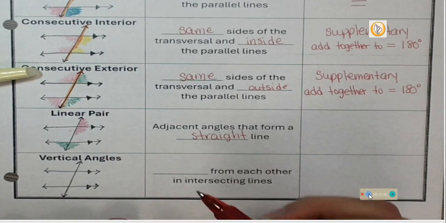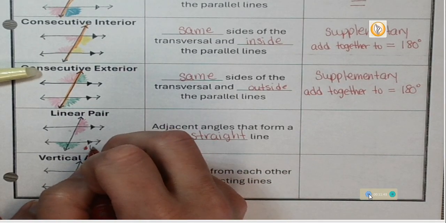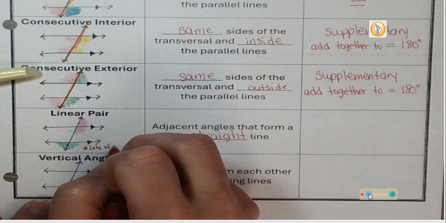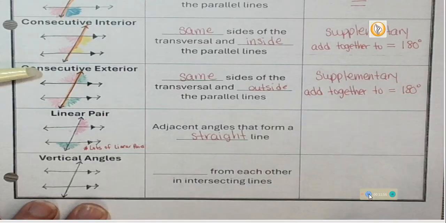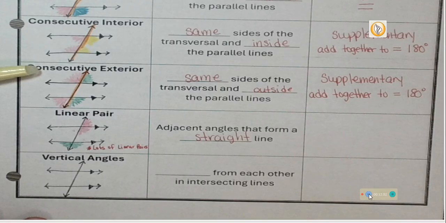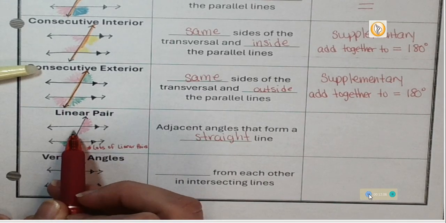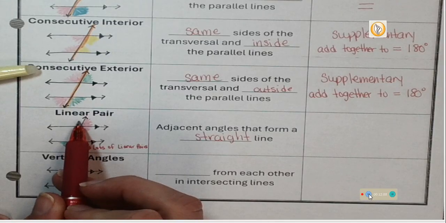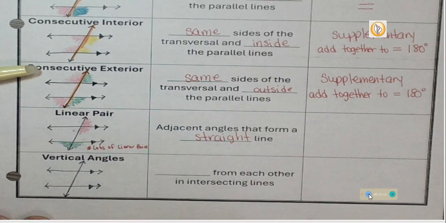Now, I'm going to put a little star right here. There are lots of linear pairs. I don't want you to think that it's just those two, okay? It is any two angles that create a straight line. So, this one and this one, those are a linear pair. This angle could be a linear pair with that one because they make a straight line. It could be a linear pair with this one because they make a straight line.